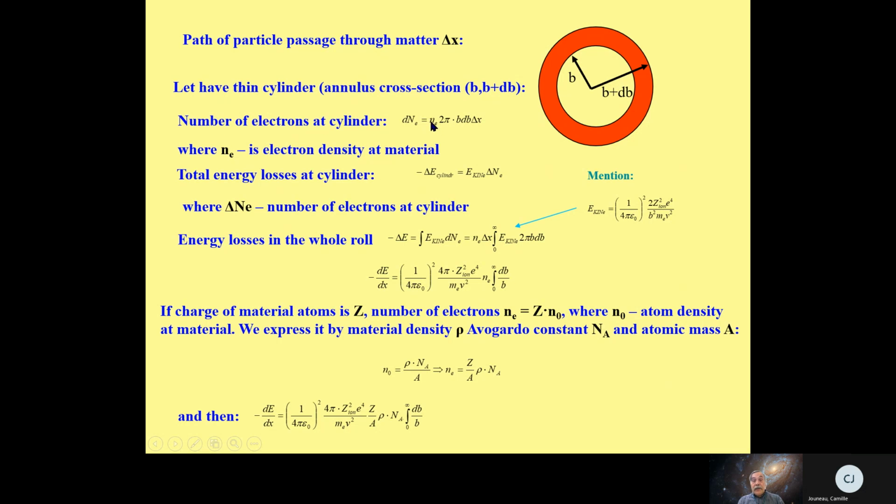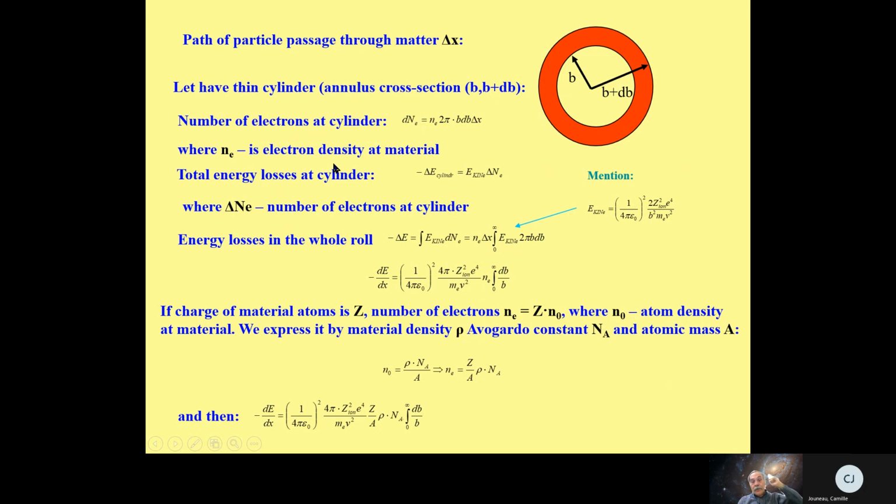It will be the density of electrons times 2 pi b, this ring, times db, and times this dx, this is the path along which this heavy ion moved. That means we will have this cylinder and we will calculate how many electrons this ion will meet.